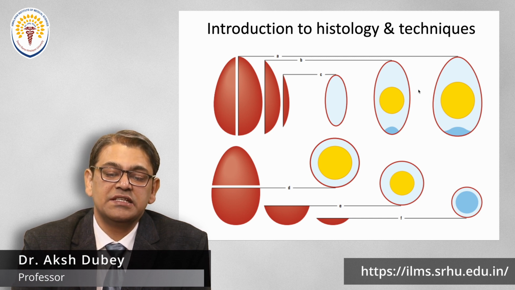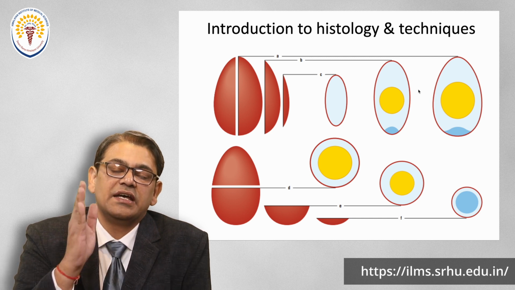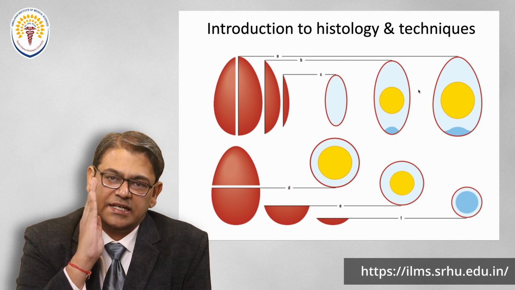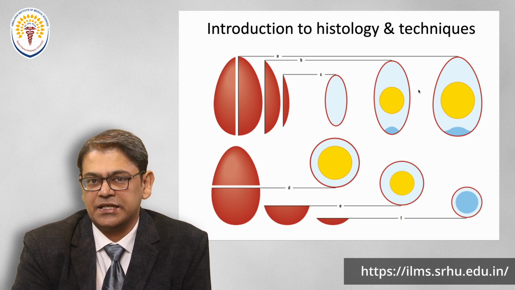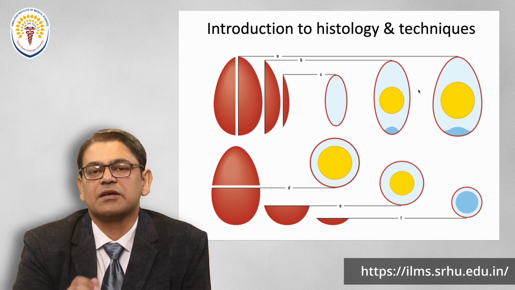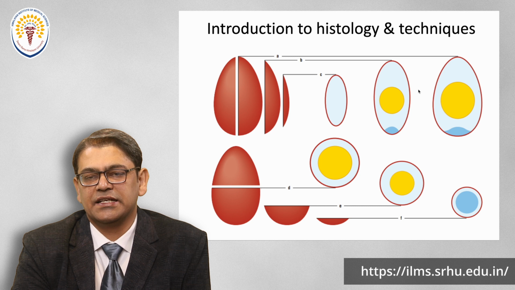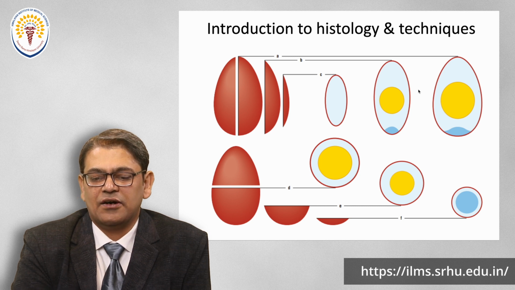Now with this you can assume that whatever tissue we take and pass through a particular plane, it is very important how the cells are arranged along this plane, and that plane gives you the idea of how the cells are arranged.